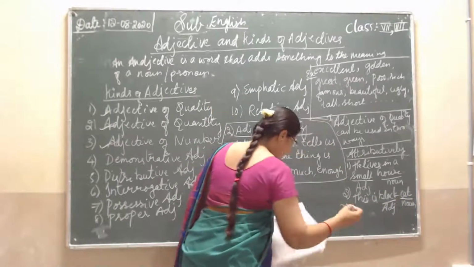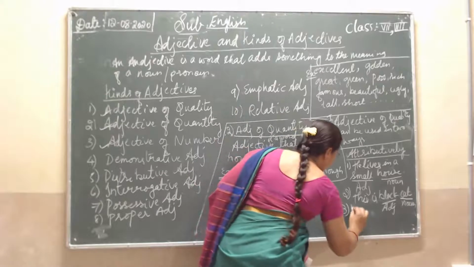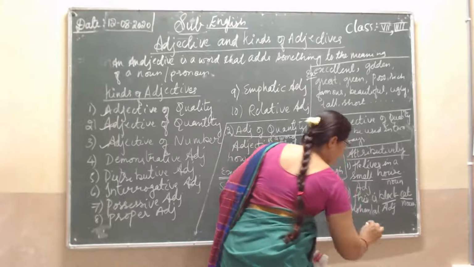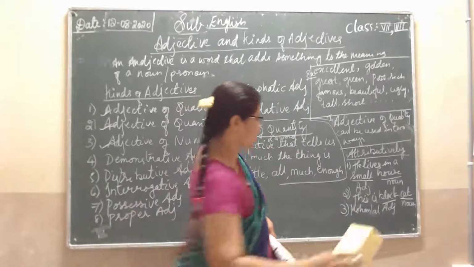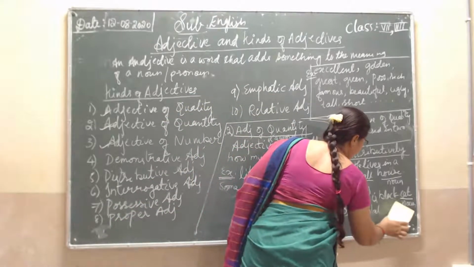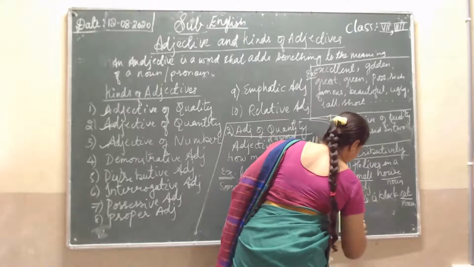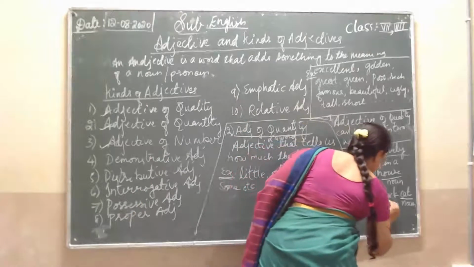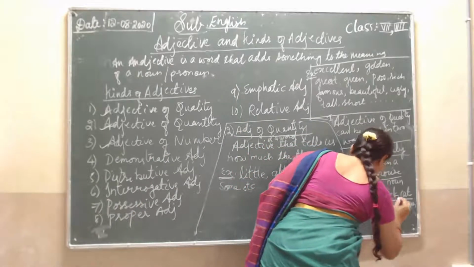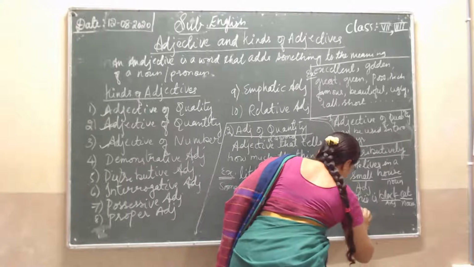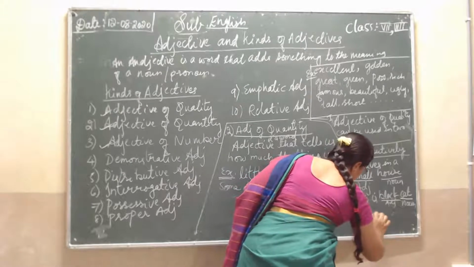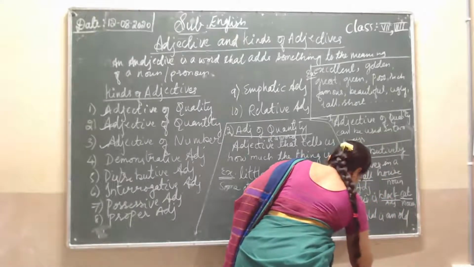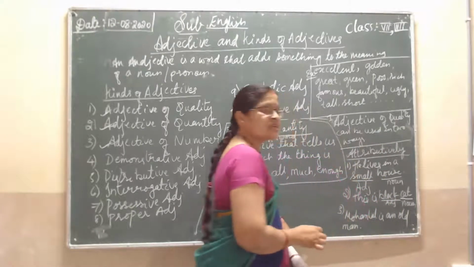The next, third sentence is: Mohanlal is an old man. So Mohanlal is a man.